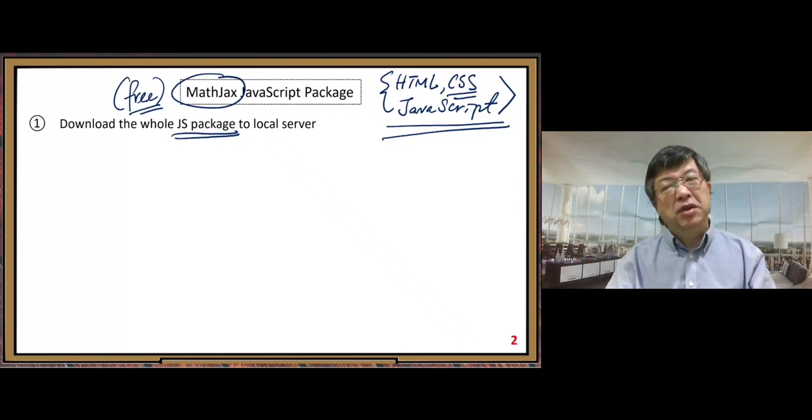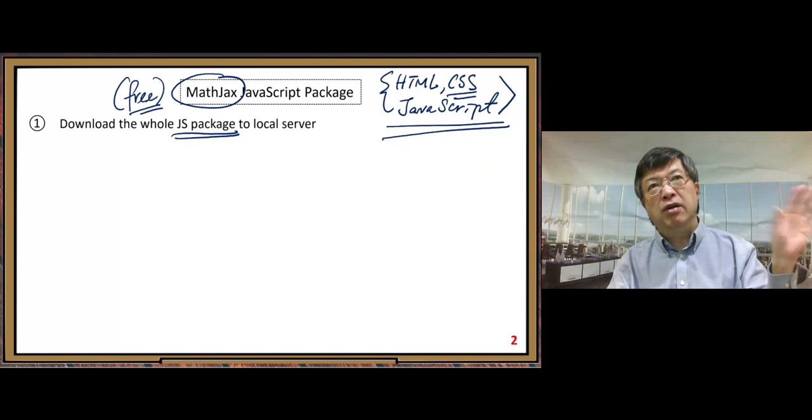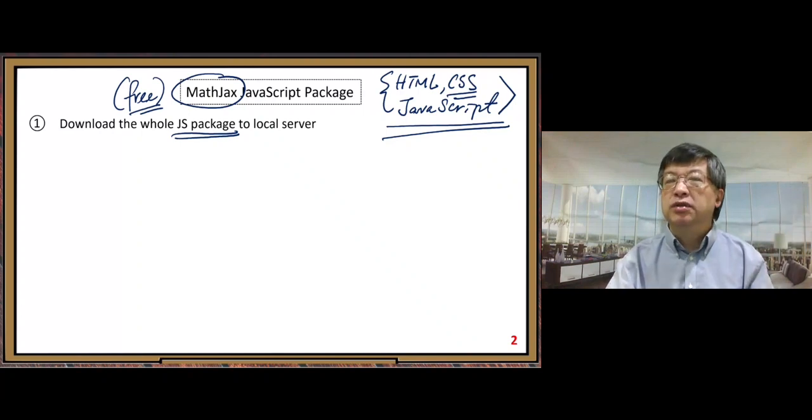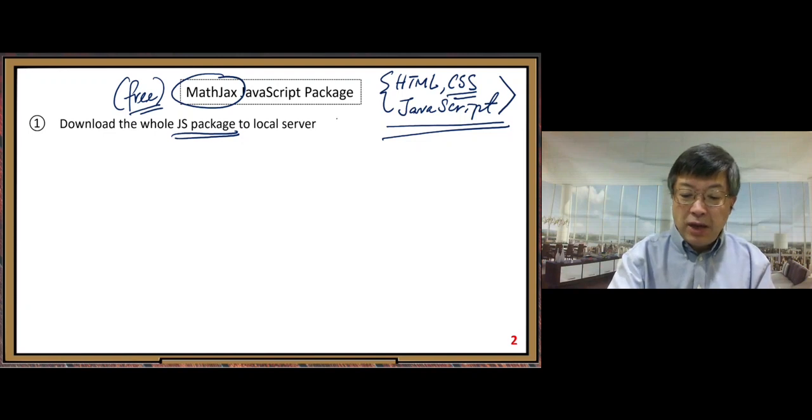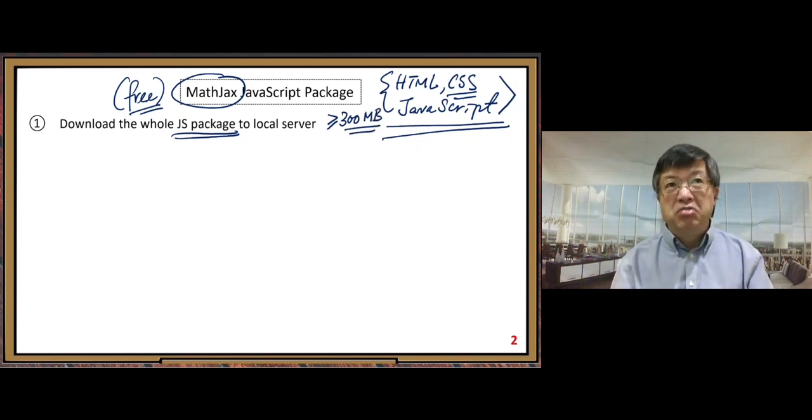I used to download it several years ago to my local machine, so I could use it on my local server. At that time, I got approximately greater than or equal to 300 megabytes. How about that? One package, more than 300 megabytes.